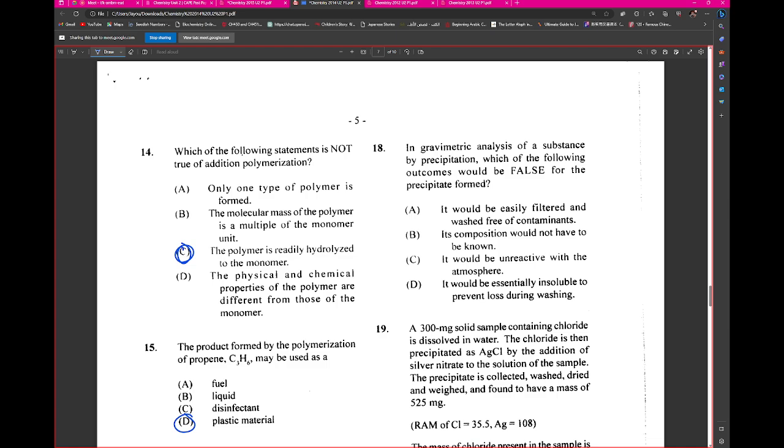B. Its composition would not have to be known. Are you saying that we have to know what it is? Yeah, I think so. Before we go through gravimetric analysis, we have to know what we're analyzing.